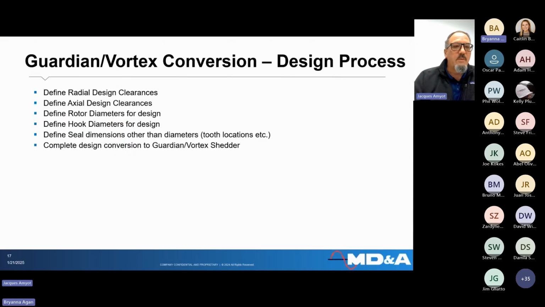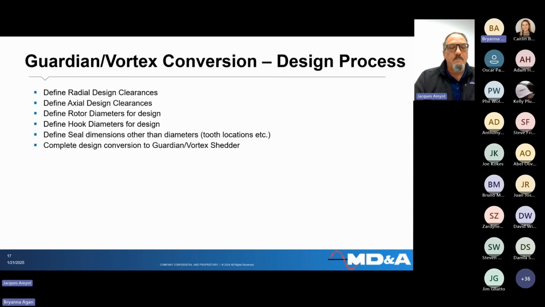So as part of the design process, I usually will go through the opening and closing clearances and the OEM clearances, and I'll figure out what we want to use for radial design clearances on our specific seal design. Any changes to axial design clearances, rotor diameters for interfaces, hook diameters for interfaces, seal dimensions, other diameters, basically the tooth locations within a seal, things like that.